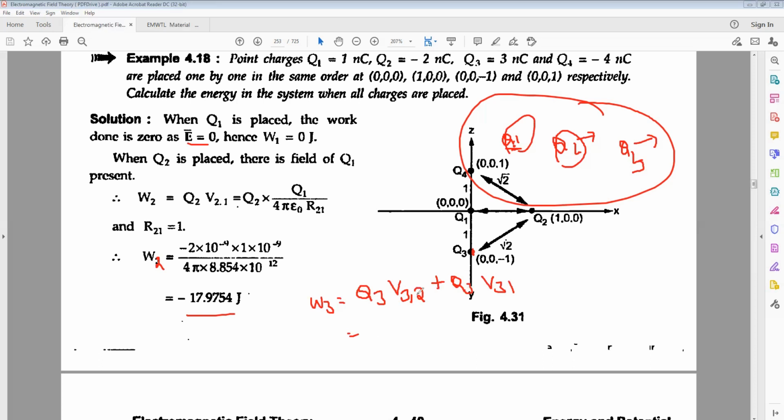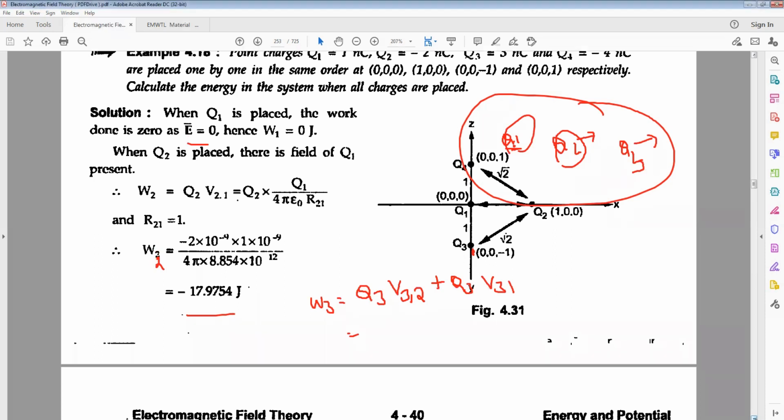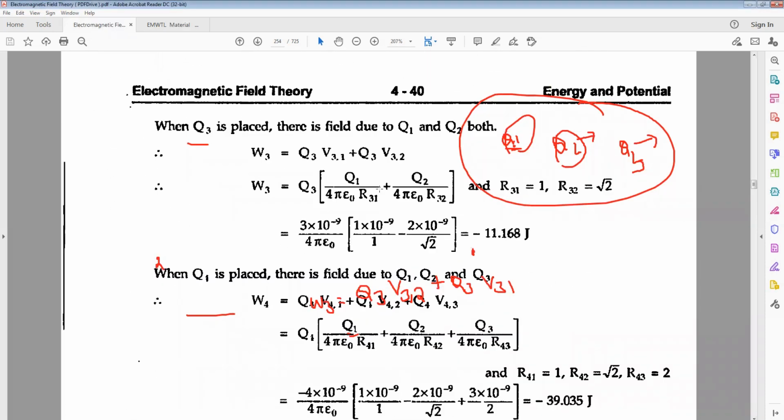Q3 is 3 nano, with voltage V32, meaning the force exerted on Q3 due to Q2. Here the R value is under root 2. And for the force exerted on Q3 due to Q1, R is 1. Now we can substitute those values here.